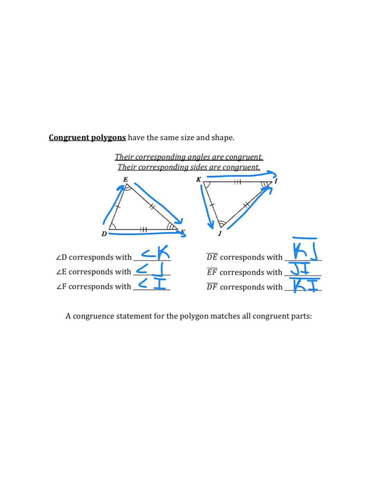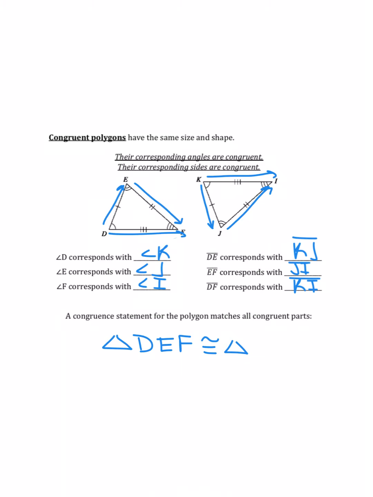The next thing that we could do is write a congruent statement that would match the entire triangle. And so we want to make sure that we do it in a correct order. It doesn't really matter what you start with necessarily. So let's do triangle DEF. Then we use the congruent symbol, and we would match it up with triangle.